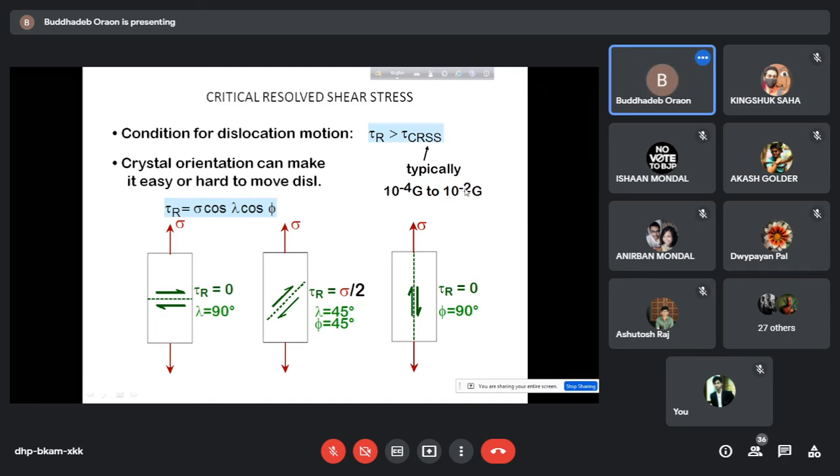For some materials there are certain critical values. If the applied stress is more than that, definitely dislocation motion or plastic deformation will take place. So this is the expression, and here we have some three different cases.